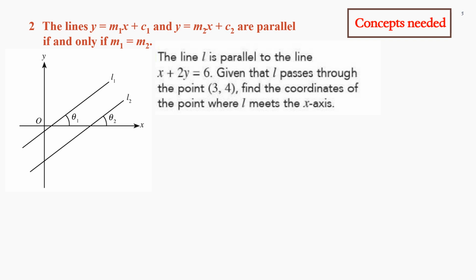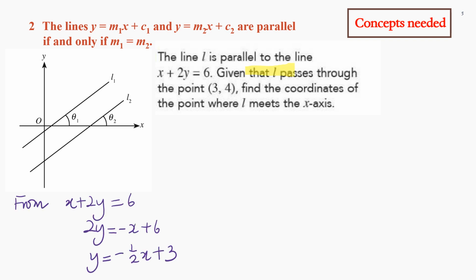Right, so how do we go on to apply the concept of m1 equals m2? Yes, so let's start off from x plus 2y equals 6. From there, we can see that the gradient is negative half. Okay, first of all, I must remind you, whatever equation is given, you have to rewrite it in the format y equals mx plus c.